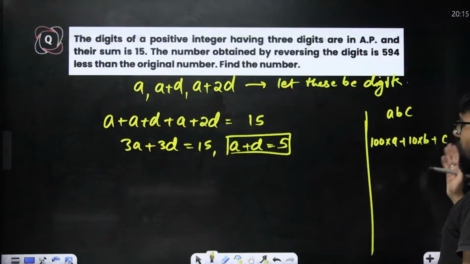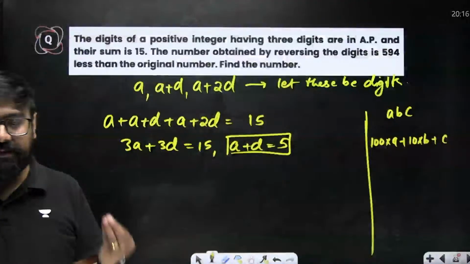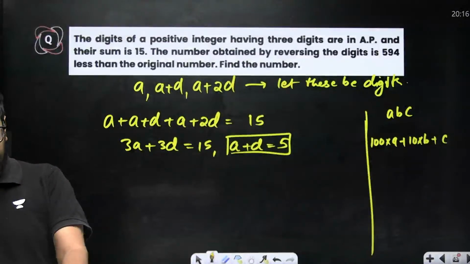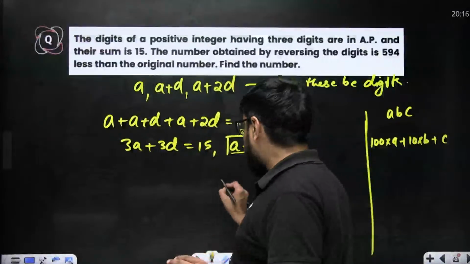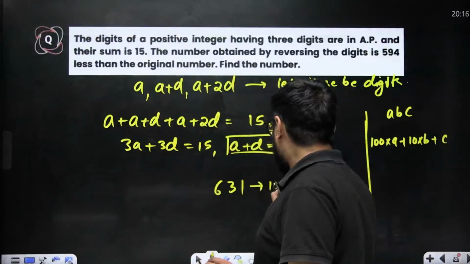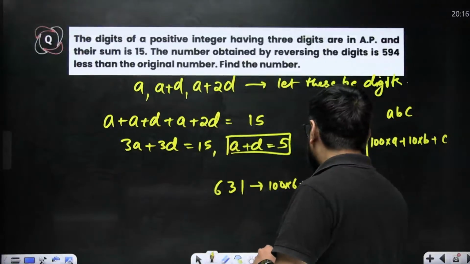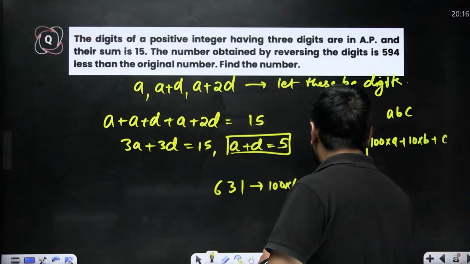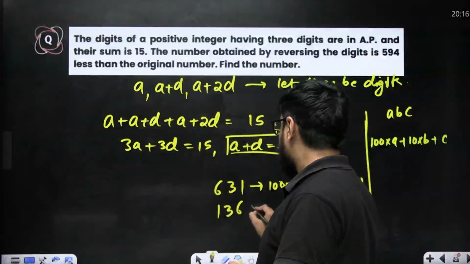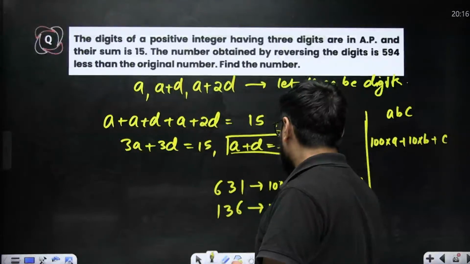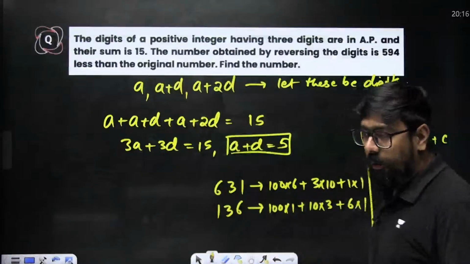If the number is 736, it is 100 into 7 plus 3 into 10 plus 6 into 1. For 631, it is 100 into 6 plus 3 into 10 plus 1 into 1, by unit place, tens place, as we have learned. If I want to form 136, it is 100 into 1 plus 10 into 3 plus 6 into 1.